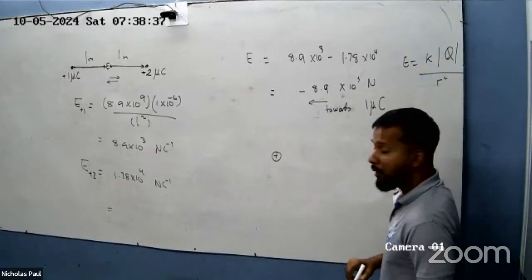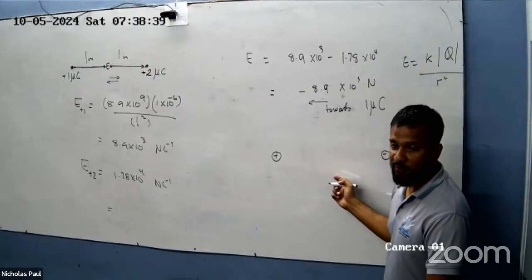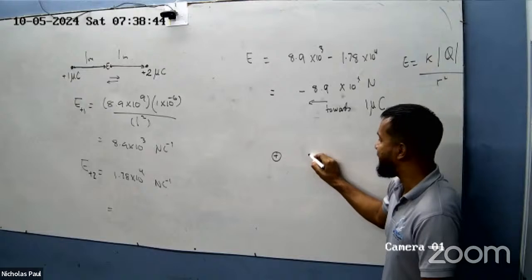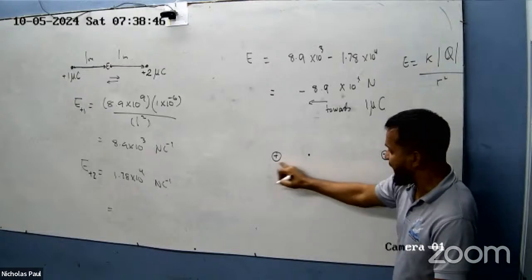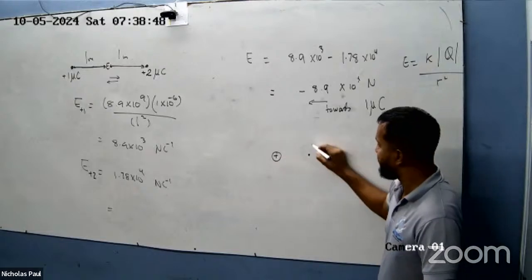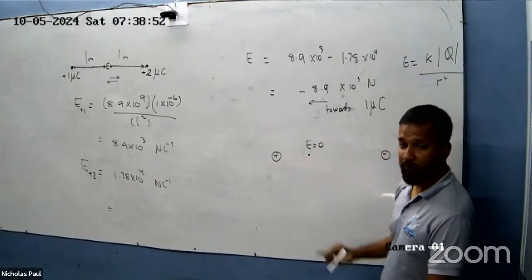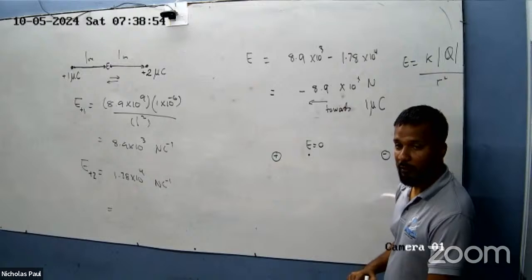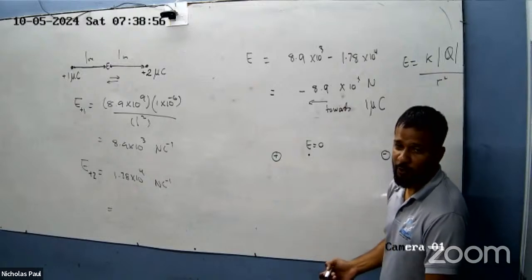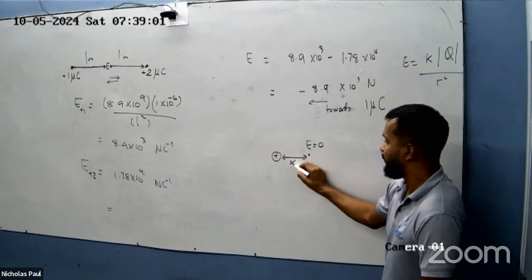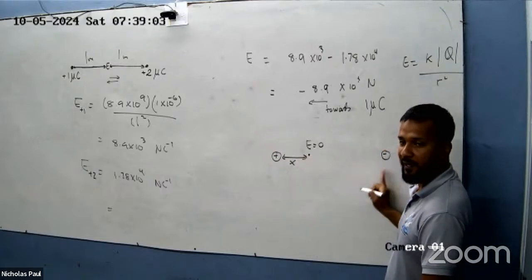Correct? So somewhere in the middle here, the electric field strength should be 0. We don't know where it is. What's the distance between the two of them? 1, right? So how much is here to here? You don't know. So what do you put if you don't know? X.